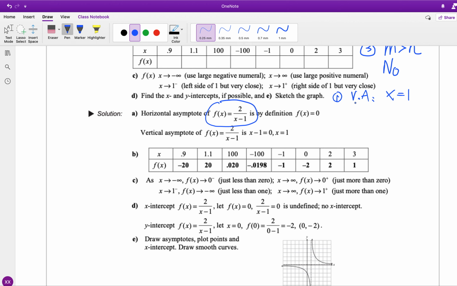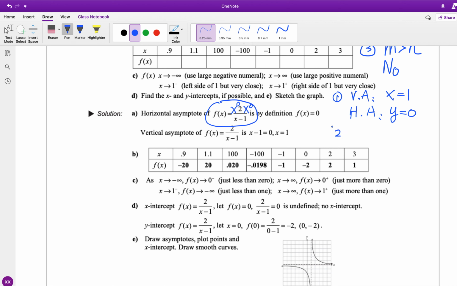The first step is the vertical asymptote, and the second one is the horizontal asymptote. In this case, this is x to the power of 0, so 0 is smaller than 1. Therefore the x-axis is the horizontal asymptote.